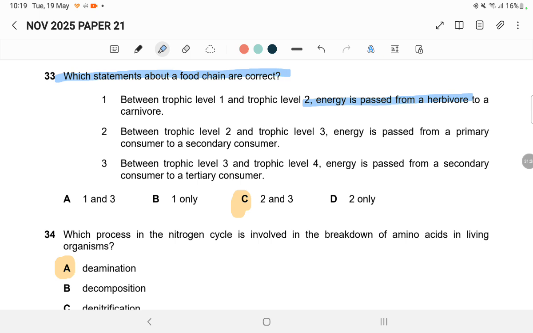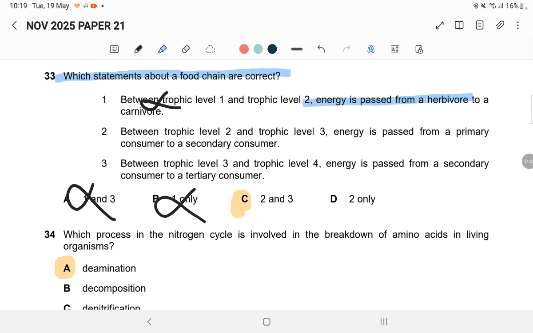Well, between trophic level 1 and trophic level 2, energy is passed from a producer to a herbivore, because the food chain starts from a plant. It does not start from a herbivore. It starts from a plant, which is a producer, like grass for example. So trophic level 1 will be a plant. So you are only left with 2 and 3. So 1 is incorrect.